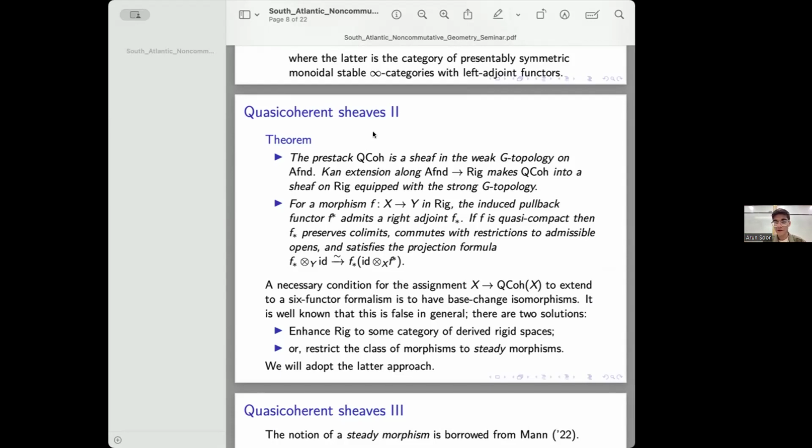The weak G topology is a basis for the strong G topology on all rigid spaces. So it's a theorem that you can extend this functor QCO along the map from affinoid rigid spaces to rigid spaces with the strong G topology, and it makes it into a sheaf in the strong G topology.